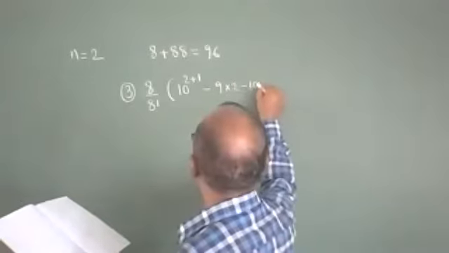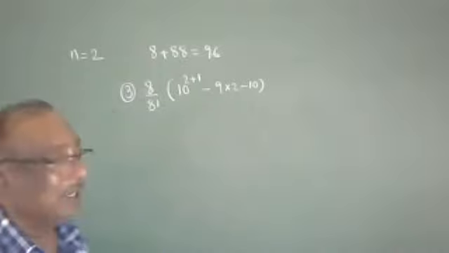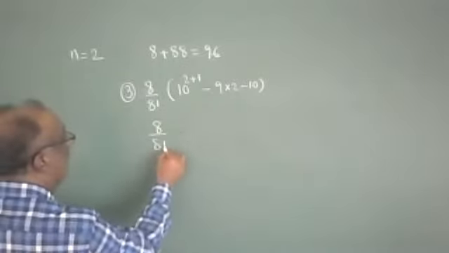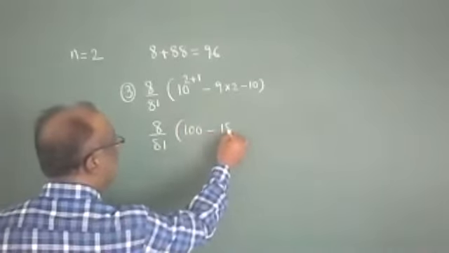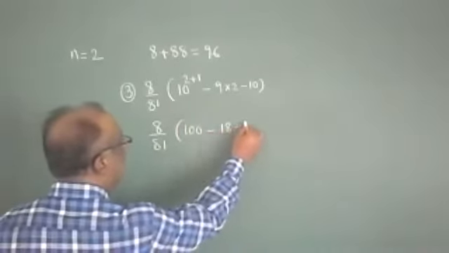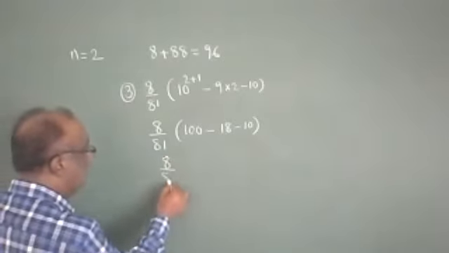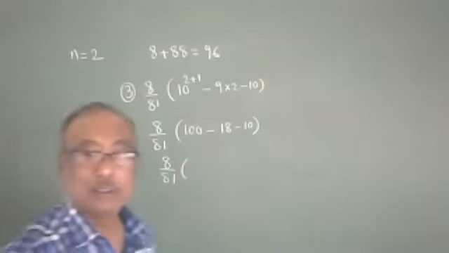Now check, we get 96 as the value in the third option. Everyone check 8 by 81. This is 1000 minus 18 minus 10. Okay? Right, 28 we subtract. So now 8 by 81 into 1000 minus 28.